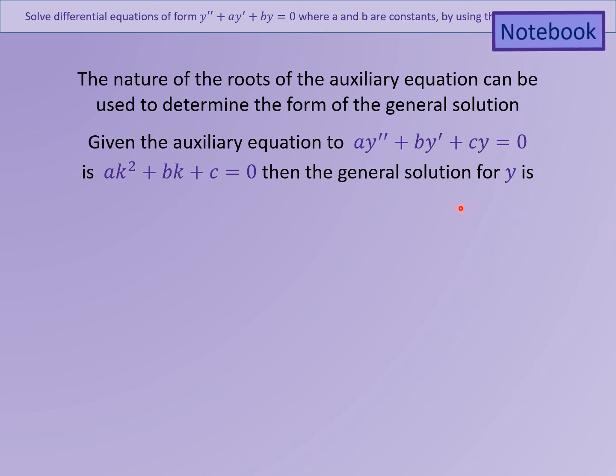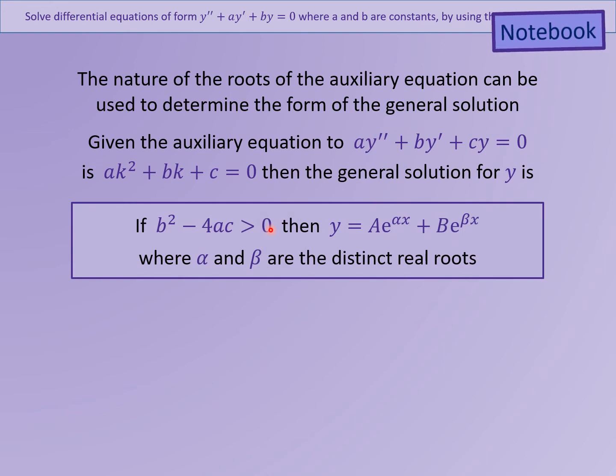Now the general solution to this differential equation can be found by investigating the discriminant. The discriminant of this quadratic just here dictates what the form of the general solution for y is going to be. And the discriminant can be 3 different values, of course.